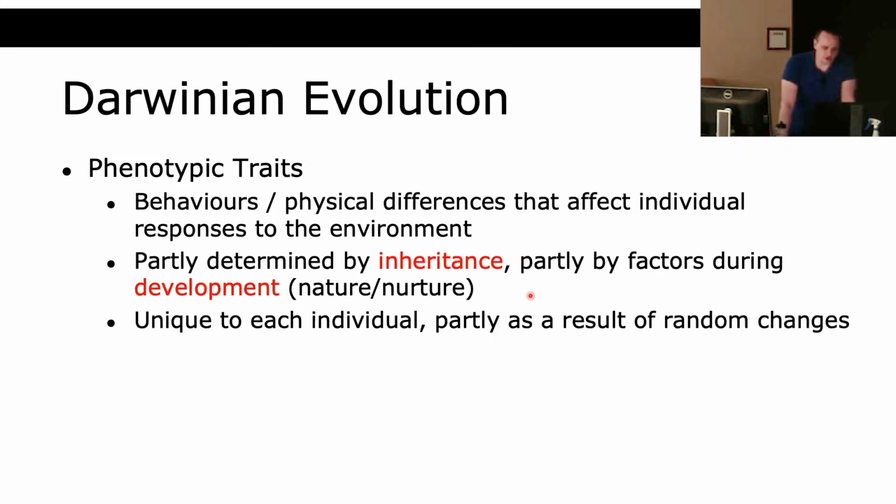Phenotypic traits are partly determined by inheritance, partly by factors during development. So this is like nature versus nurture. I'm sure if any of you are sports fans, you've always heard the argument about like, oh, why was he so good at basketball, right? Well, of course, you can't learn to be 6'7" and palm a basketball with a giant hand.